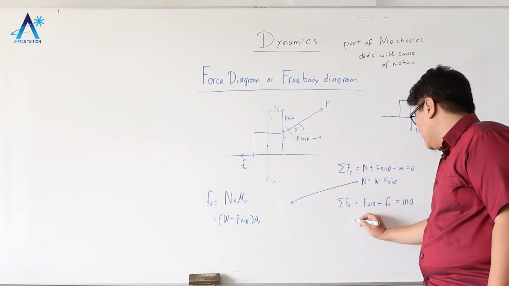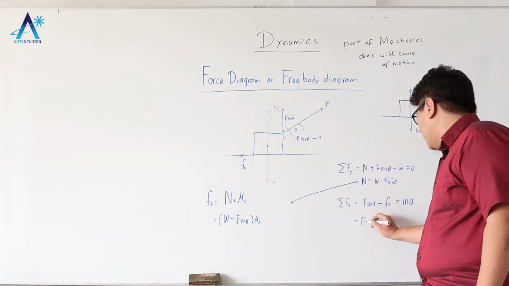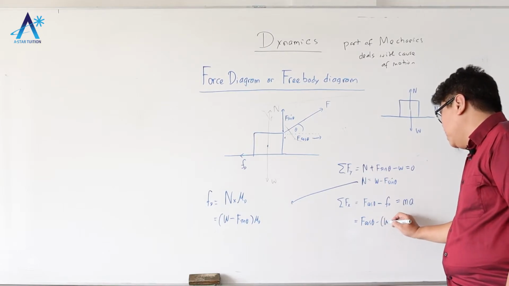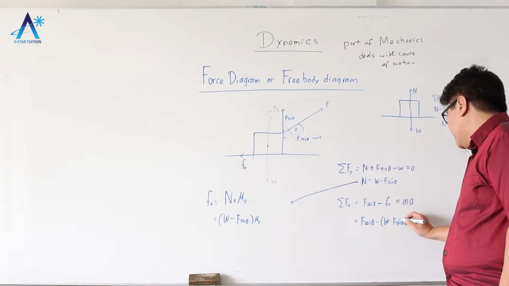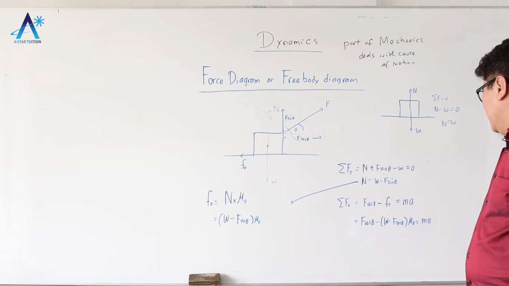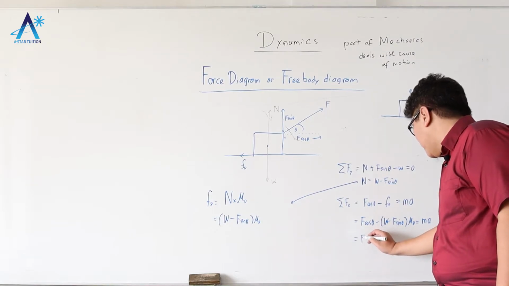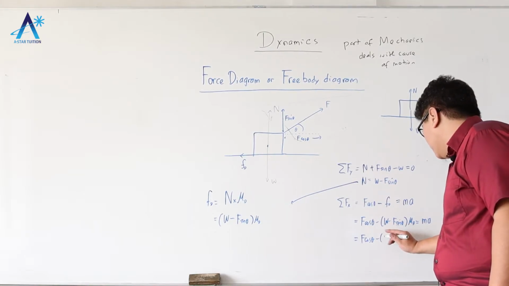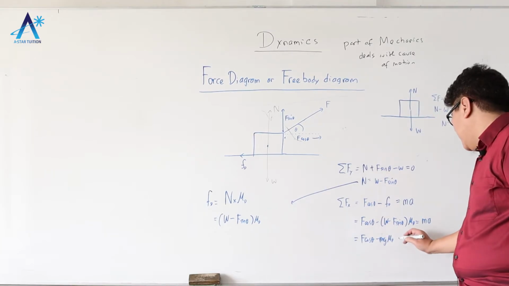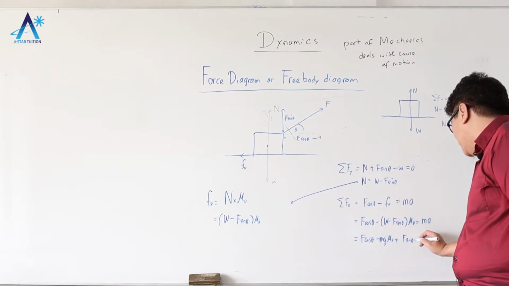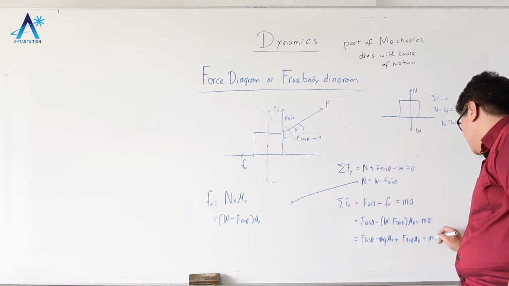Then F cos theta minus Fd, which is W minus F sine theta times mu d, equals ma. So we have F cos theta minus, remember, weight is mg, so mg times mu d, and then plus F sine theta times mu d equals ma.